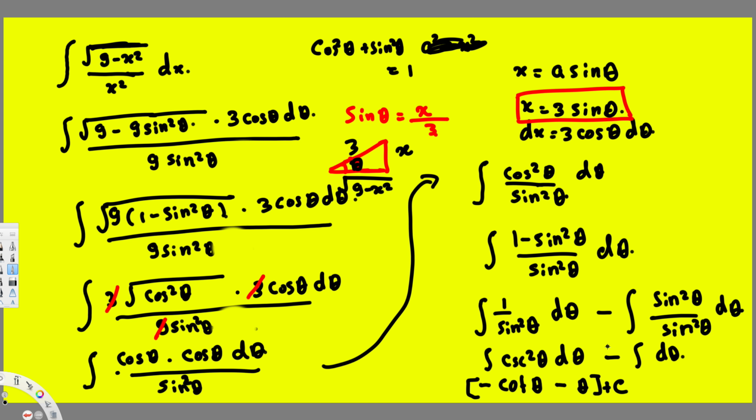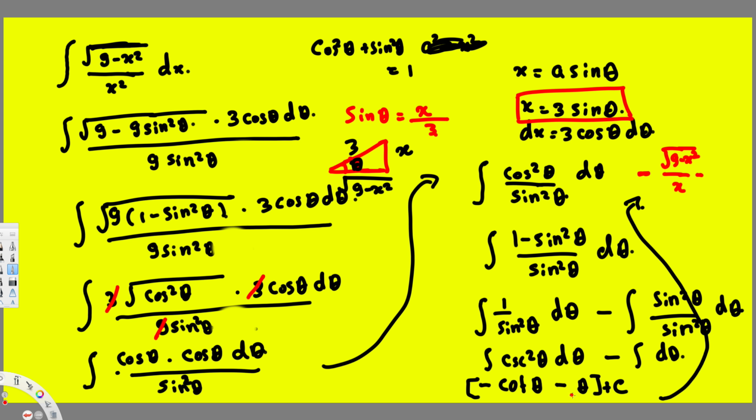Tan theta is opposite over adjacent. So cot theta is going to be adjacent over opposite, right? So minus adjacent over opposite. Now the adjacent is square root of 9 minus x square, and the opposite is x.